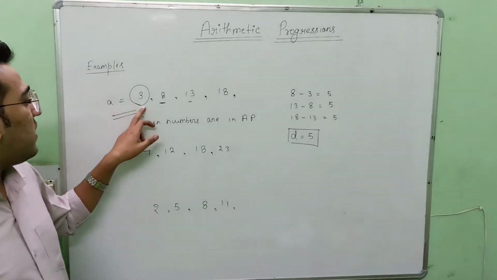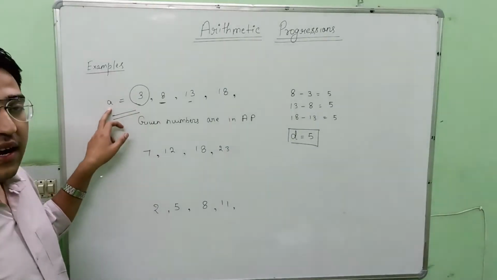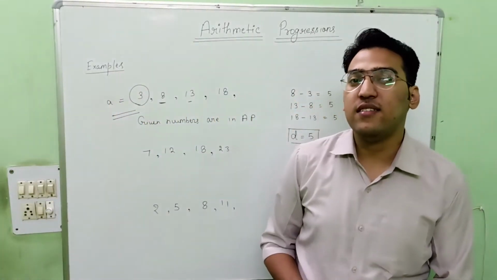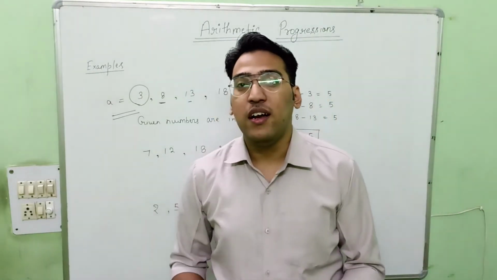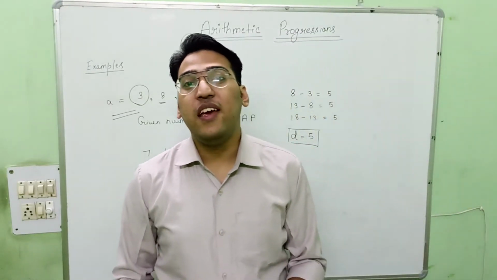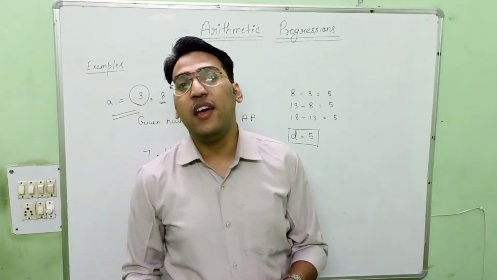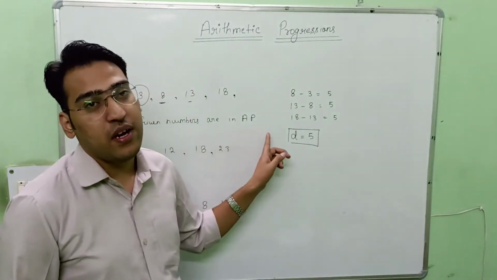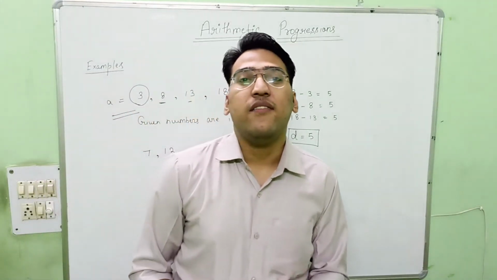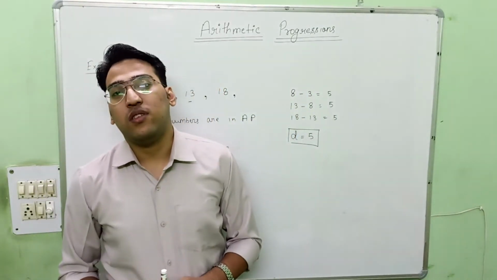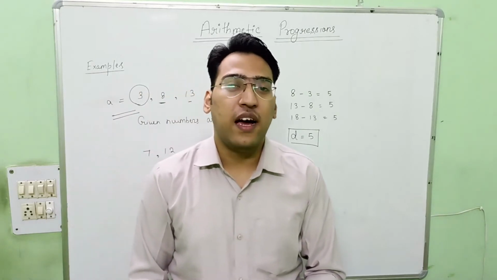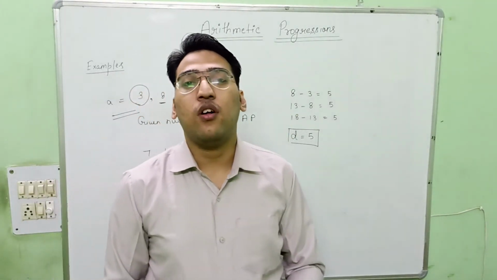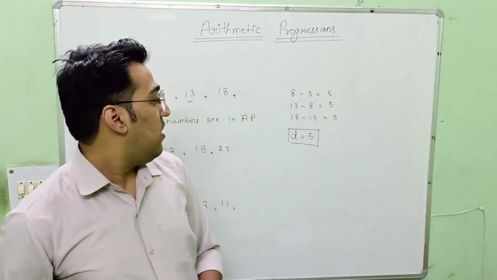The first term, that is 3, is denoted by A, and the common difference, that is 5, is denoted by small d. Only after we have confirmed that the given numbers are in AP can we say A equals 3 and d equals 5. d is the difference, also called the common difference.